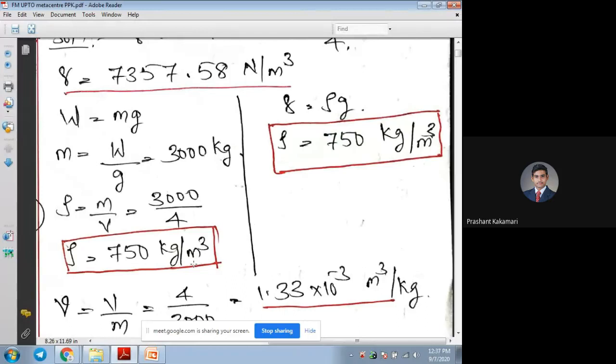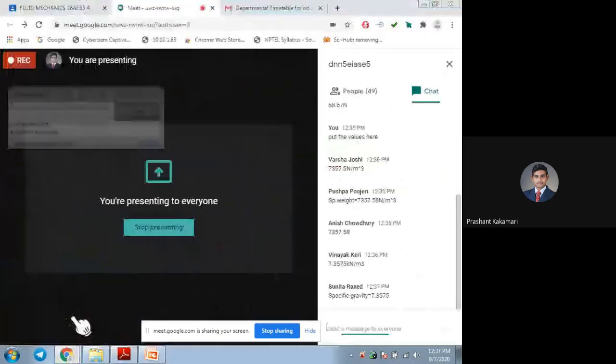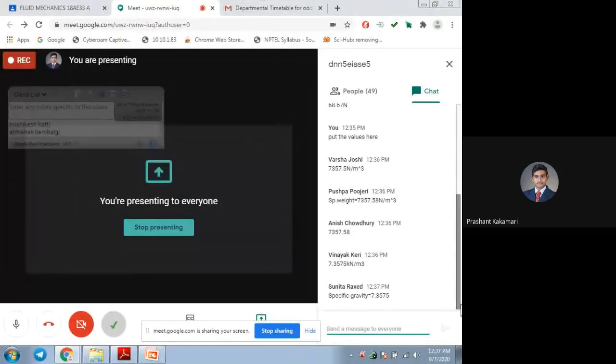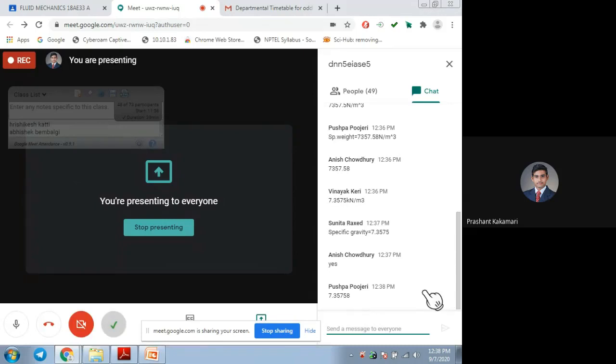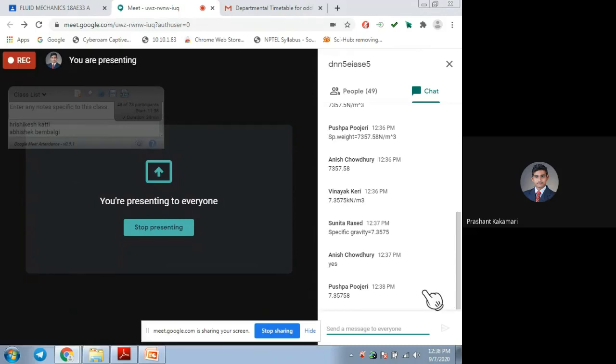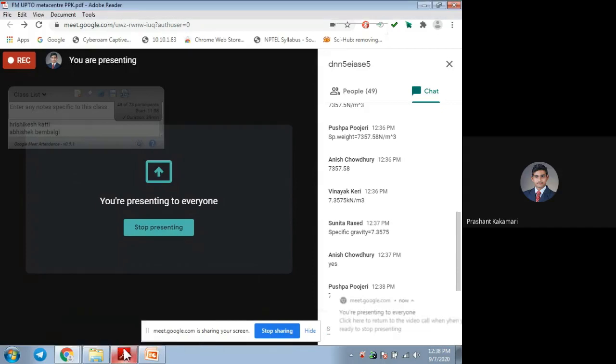So if I take that ratio, I'll get the same 750 kg per meter cube. Up to density, is it clear? Yes, sir. Mass, density, weight, and weight density, these results, how to get, all of you understood? Okay.